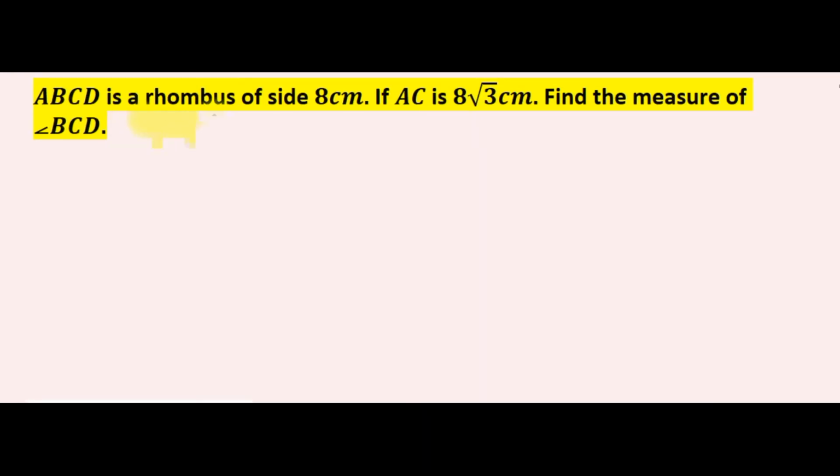Said ABCD is a rhombus of side 8 cm, and if AC is 8 root 3, we have to find the measure of angle BCD. First, let's draw the rhombus. So this is the rhombus.